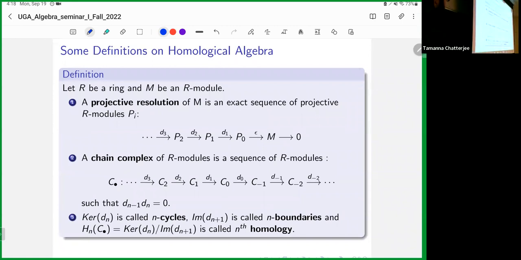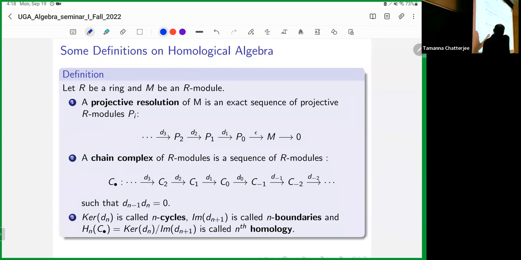So let's say R is a ring and M is an R module. Then we take a projective resolution of M, and it is an exact sequence. So exact sequence means the kernel of the map should be the image of the previous map.